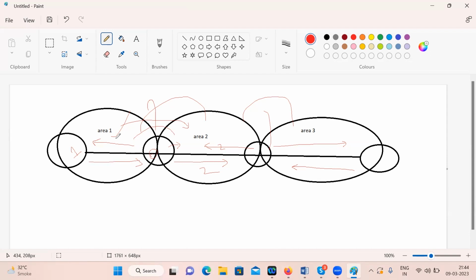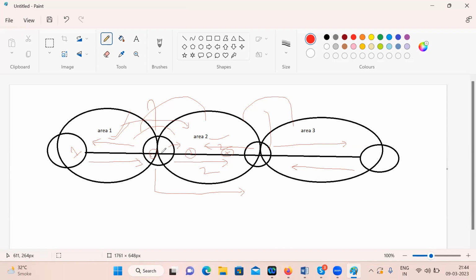If you want to exchange area 1 information into area 2, only the area border router is responsible to flood that information to everyone. If you have a router in the middle, nobody else will generate type 3 LSA.